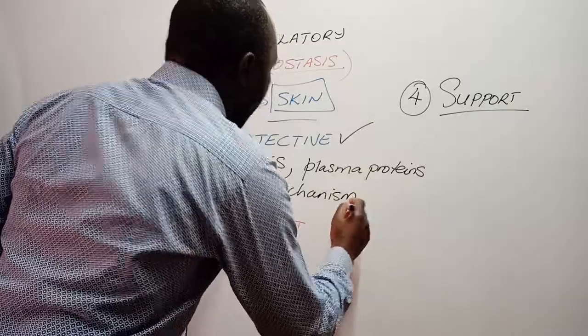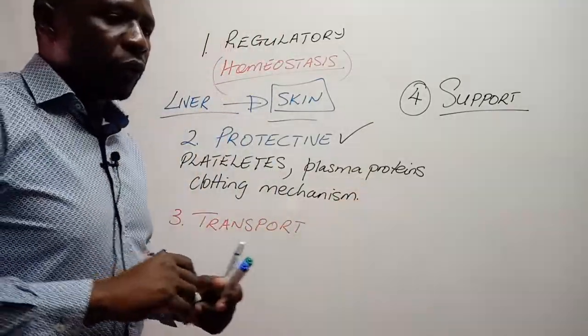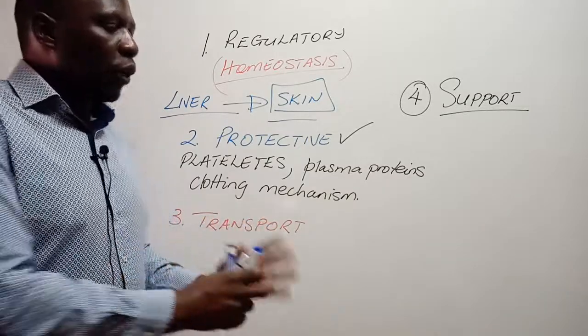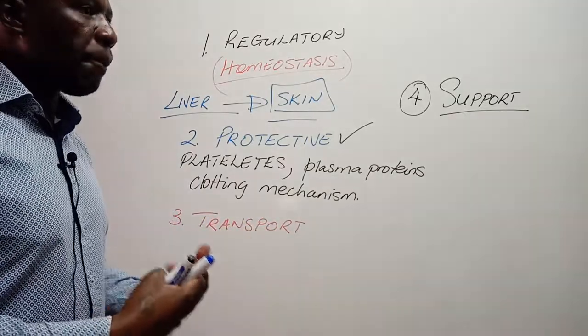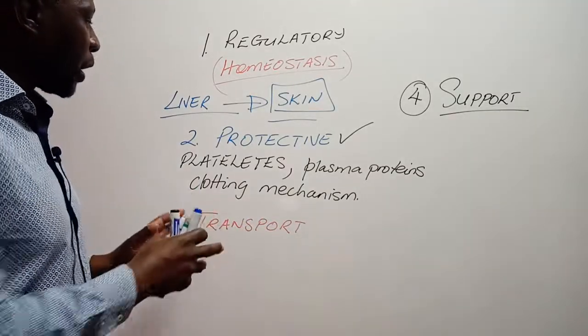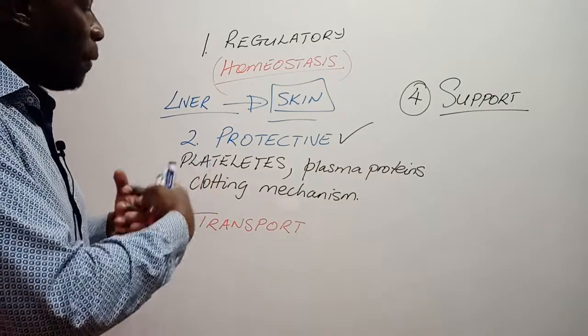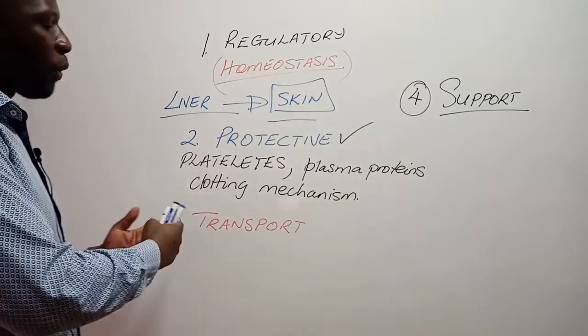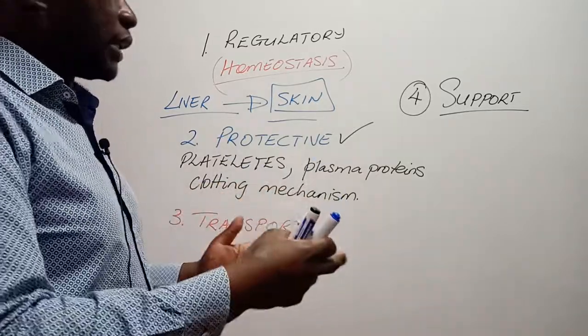We will all agree that when you get a bruise or a cut, yes, there will be bleeding, but at some point the bleeding stops. In our blood there are platelets and plasma proteins which provide this clotting mechanism.